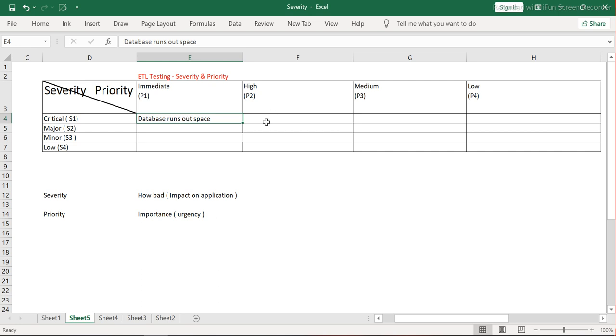So guys, this one is where the database ran out of space permanently, but there are certain issues where, sometimes, the database runs out of space temporarily, for some time only. Okay, and this doesn't happen very frequently. Let's say once in a month or something.